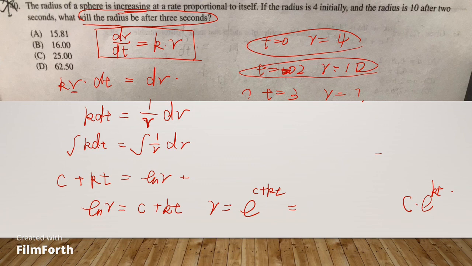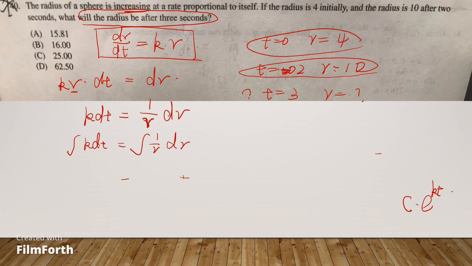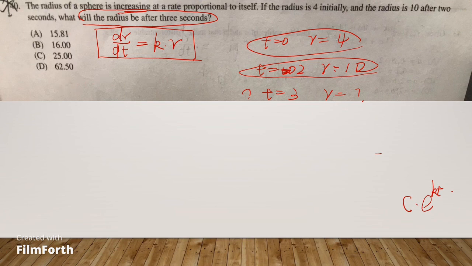Notice that we set the constant capital C equal to e to the c to simplify our expression, and also make our calculation easier. That is our goal. Okay, now we have enough room. So r equals C times e to the kt.